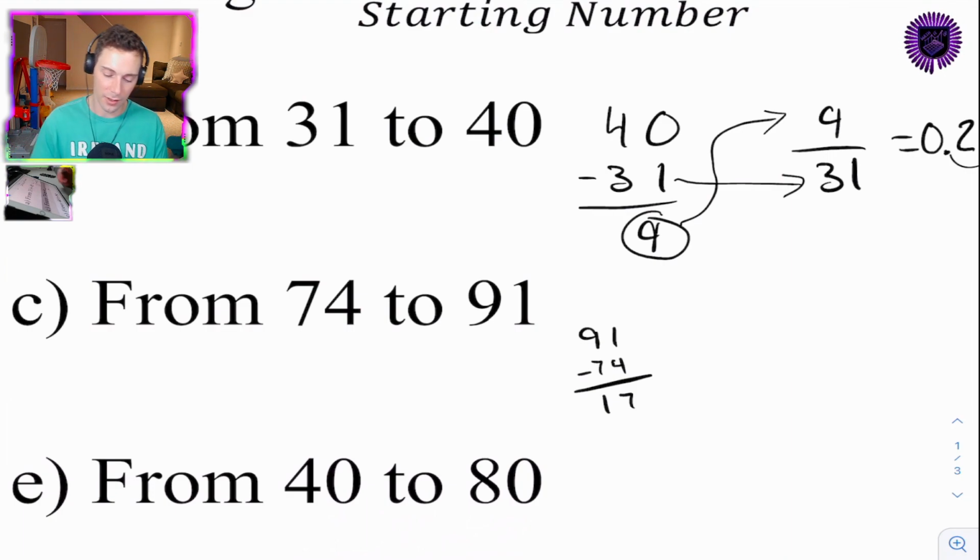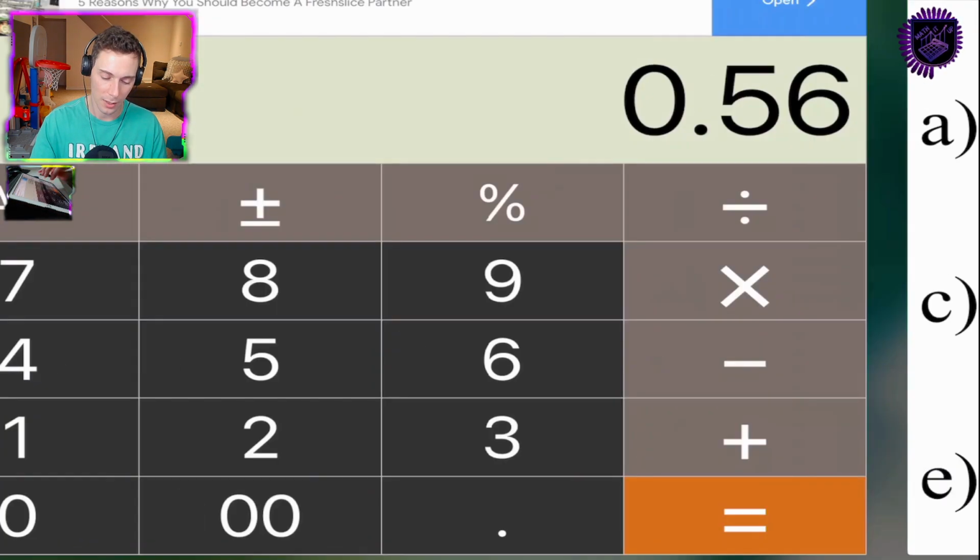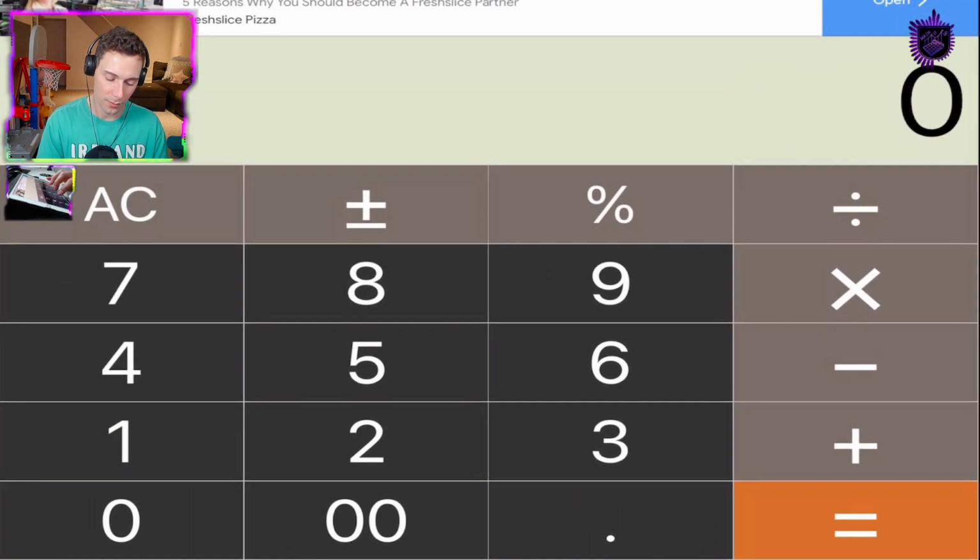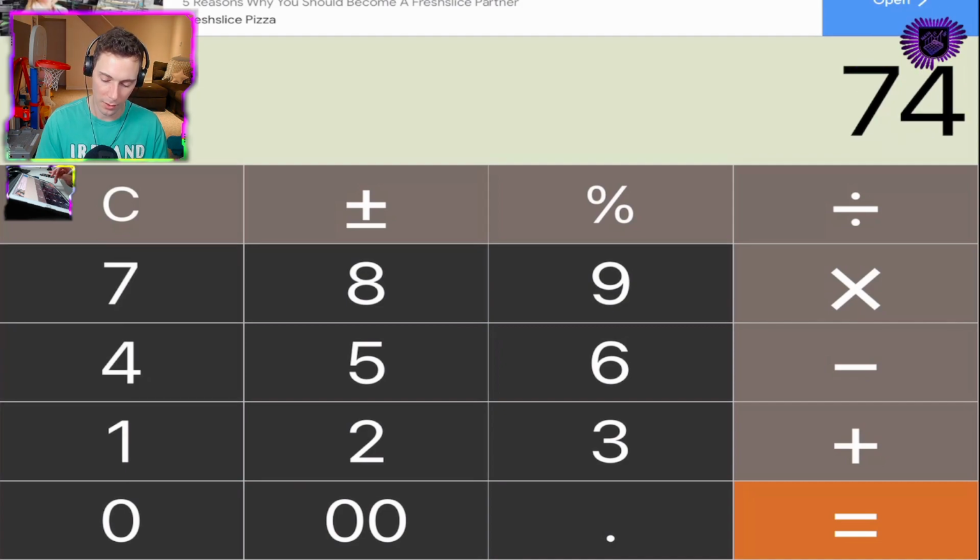The difference divided by the starting number. So difference divided by 74. What's that going to be? 17 divided by 74.